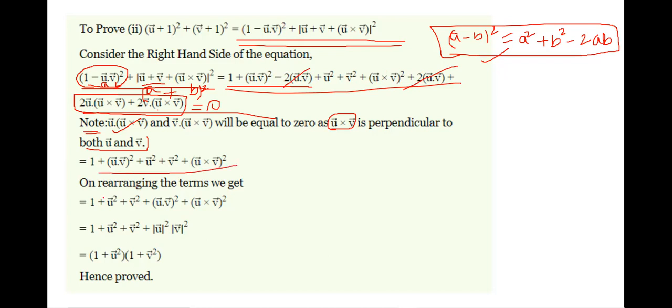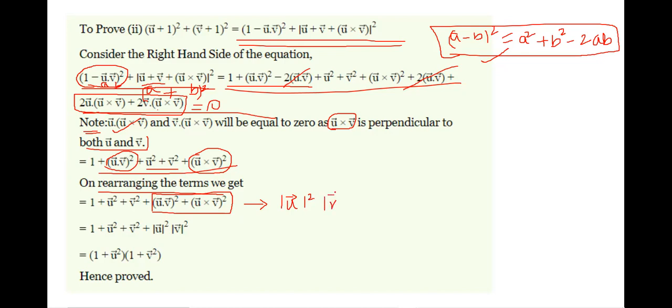Now we will rearrange the terms, right? So when we rearrange the terms, it is 1 plus u vector square plus v vector square plus (u vector dot v vector) the whole square plus (u vector cross v vector) the whole square. What is this (u vector dot v vector) the whole square plus (u vector cross v vector) the whole square? This is nothing but the magnitude of u vector square into the magnitude of v vector square.